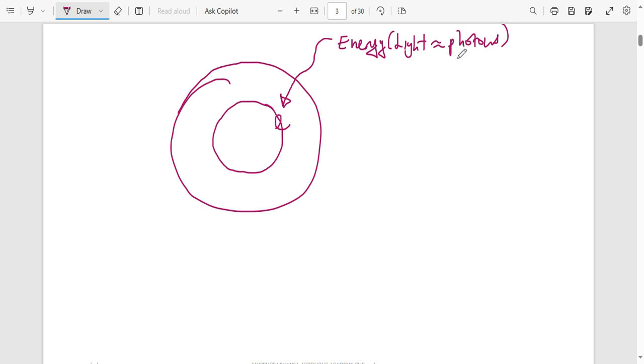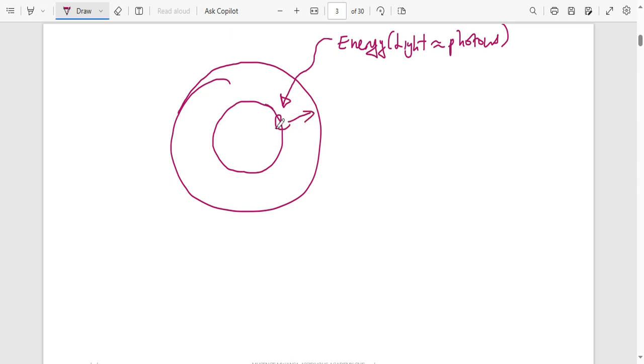So when you project energy in terms of light or photons on an electron, when an electron gains energy, it is going to transition. The meaning of transitioning is that it is going to jump from one energy level to a higher energy level. So see what happens.